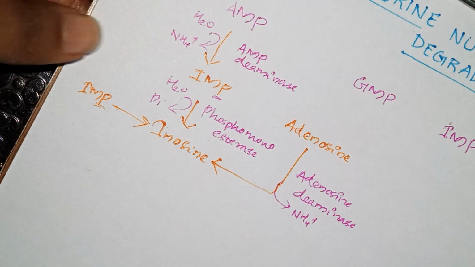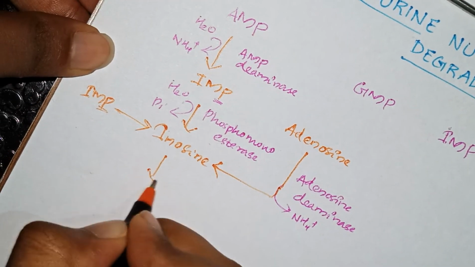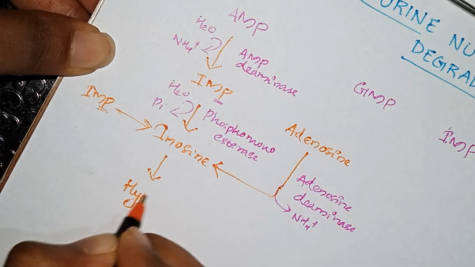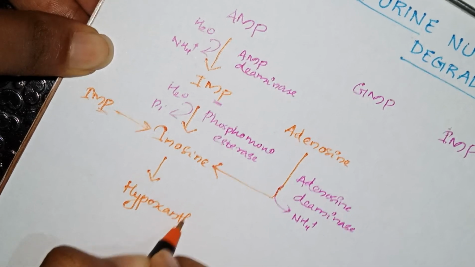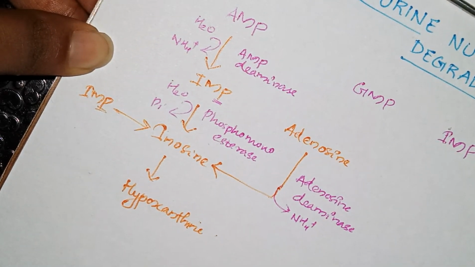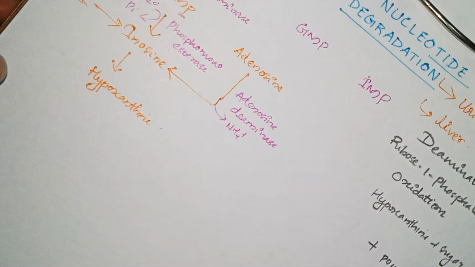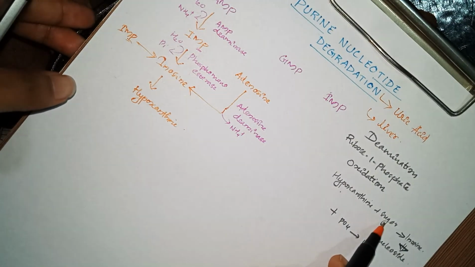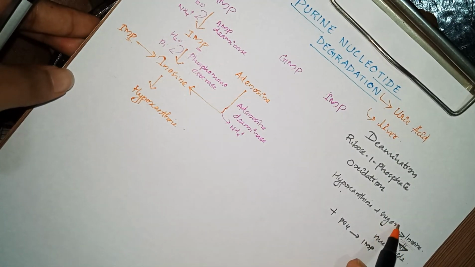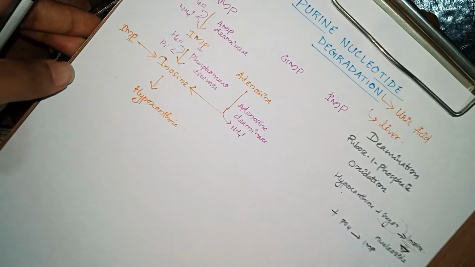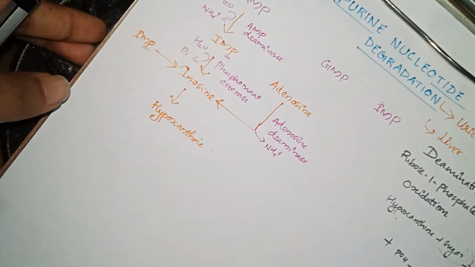Okay, now inosine can be converted into hypoxanthine by removing the sugar. We just said that hypoxanthine combines with sugar to form inosine. So by removing the sugar, we will get hypoxanthine. That's it.